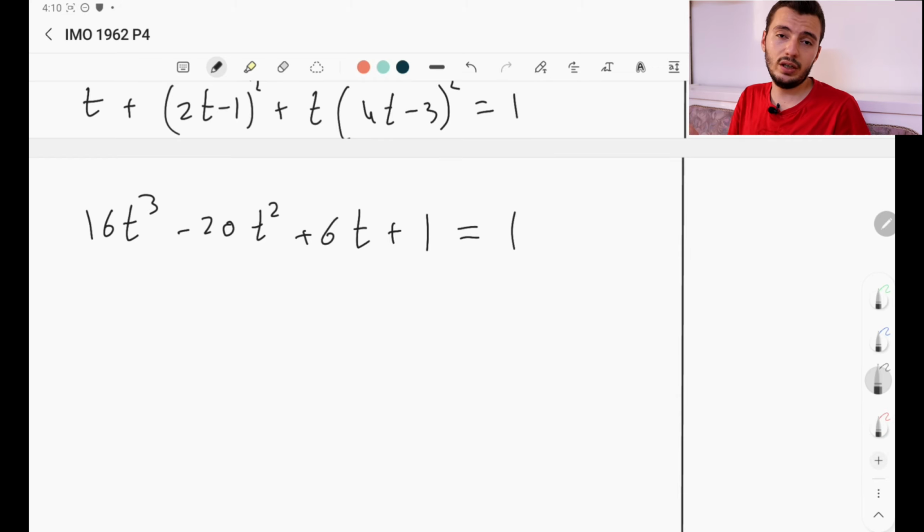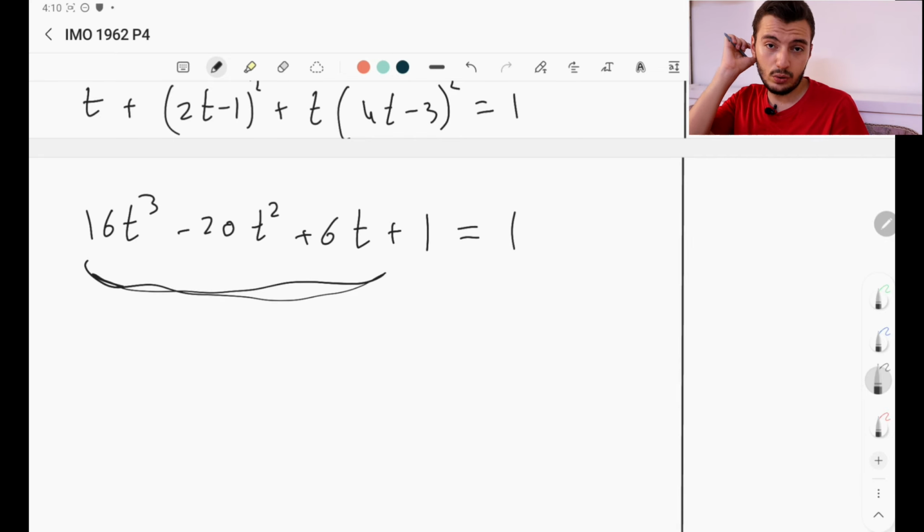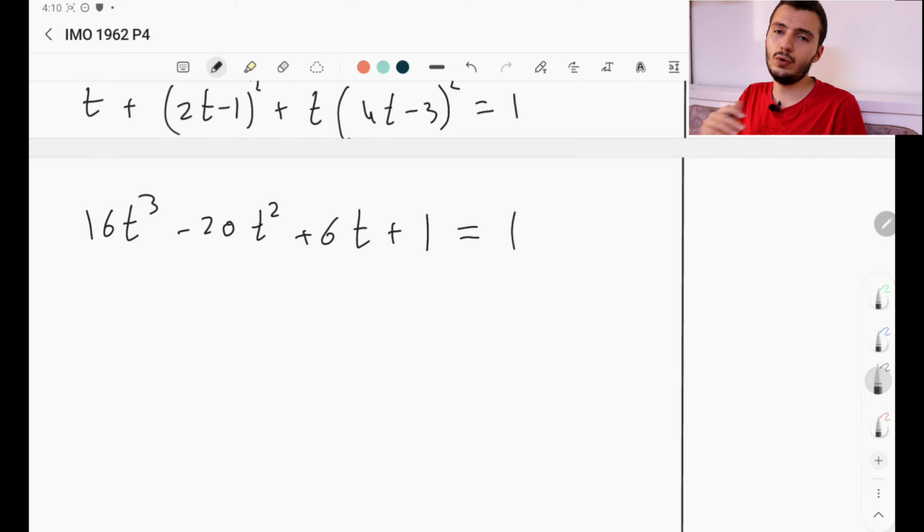But guess what? We have a 1 and a 1, we can cancel that. And guess what? Now we have t here, and it's equal to 0, so we can take t as a common factor. So now we don't have a third degree equation, we have a second degree equation, right? So for sure we're done, we're 100% sure that we can solve this. This is a piece of cake now. Okay, so let's take t as a common factor, and of course divide by 2 immediately.